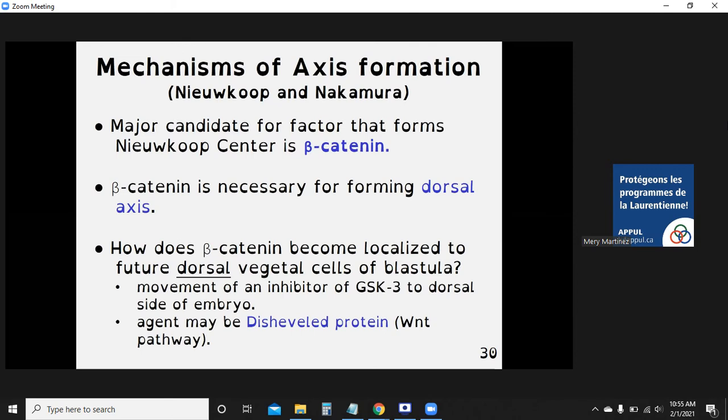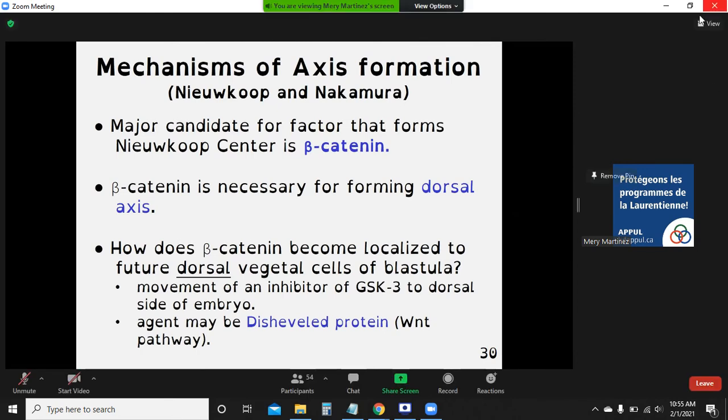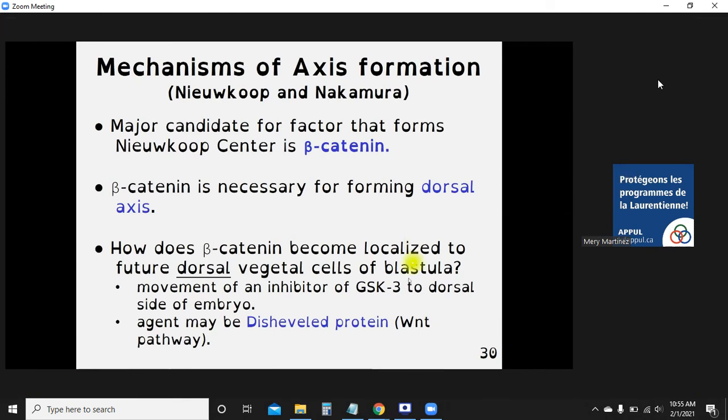Researchers have made different experiments that suggest that beta-catenin is initially synthesized throughout the embryo, but is mainly degraded by the GSK3, the glycogen synthase kinase that we have mentioned before.